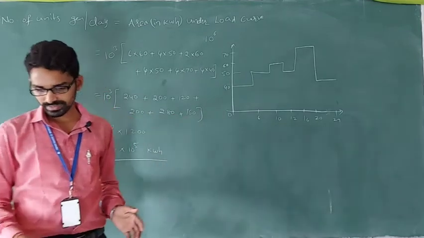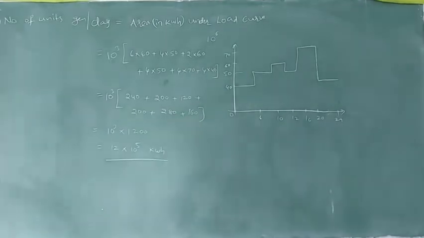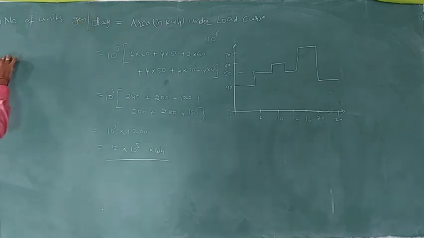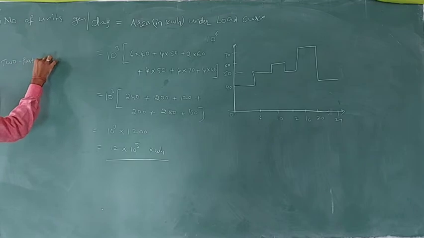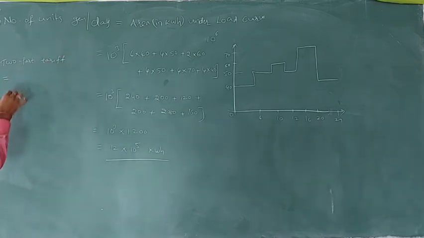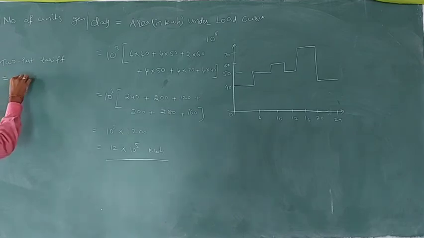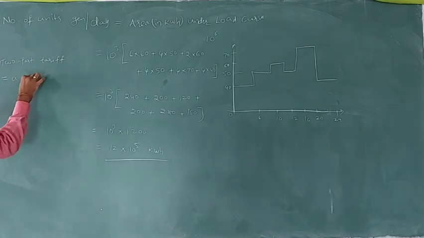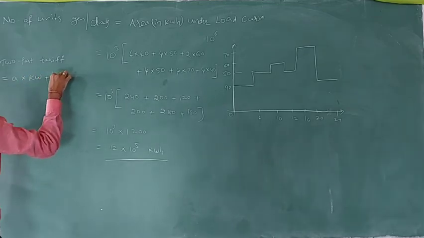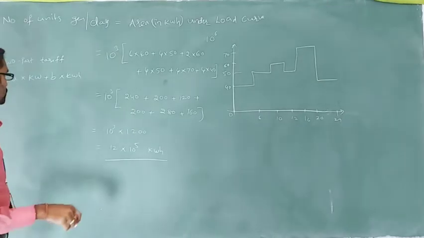In the two-part tariff we charge for the maximum demand, that is A into kilowatts, plus B into kilowatt hours.